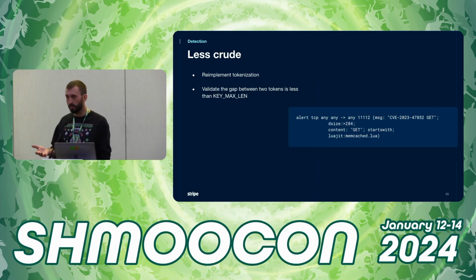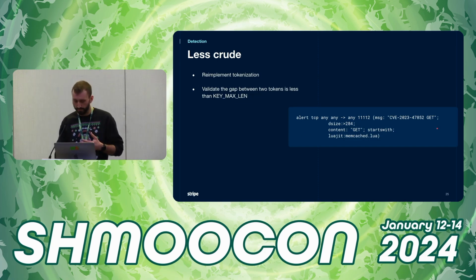And so a less crude way is to effectively re-implement the tokenization that memcached itself does of the requests, and then validate that the gap between the key and the tokens is less than the overall size. If you're familiar with Suricata or Snort, this rule should look kind of familiar. This is just checking for data packets that exceed 284 bytes and checking if they start with get.